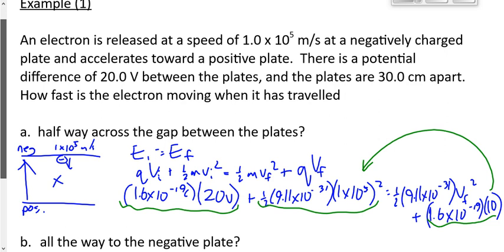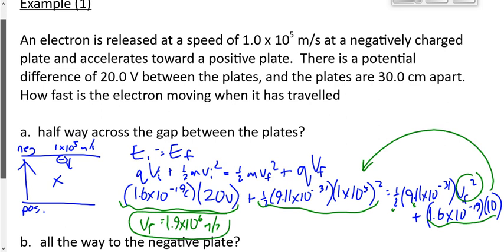Then multiply the whole thing by 1/2. Divide by 9.11, and then square root. When you do that, you should end up getting 1.9 times 10 to the 6 meters per second.